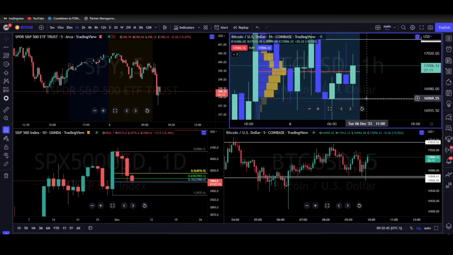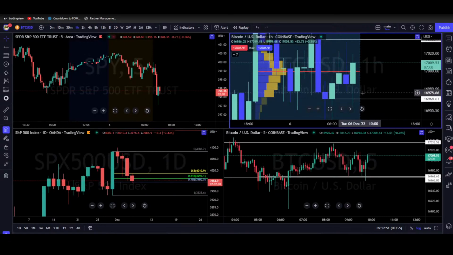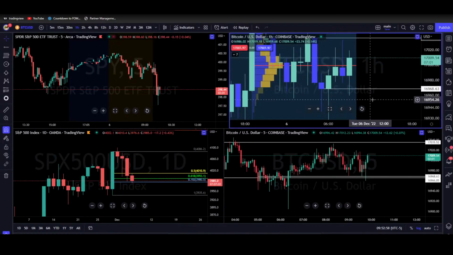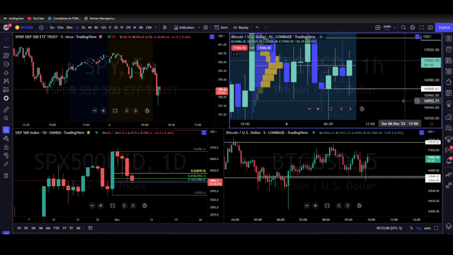That's what leverage is for. You lever it up. You'll know when you're wrong. If you close an hourly candle under 16,968, you will be wrong. You close the position for a loss. It's that simple.